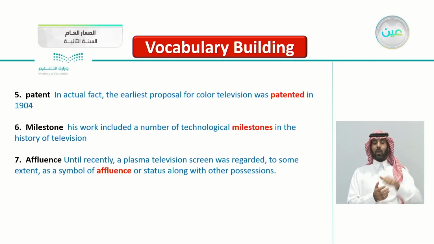Affluence, if you remember, affluence meaning, yes, to be rich and wealthy and having expensive possessions, of course, houses, maybe horses, why not? Yachts, houses, etc. Until recently, a plasma television screen was regarded to some extent a symbol of affluence or status along with other possessions. Again, until recently, this is in actual fact interesting.